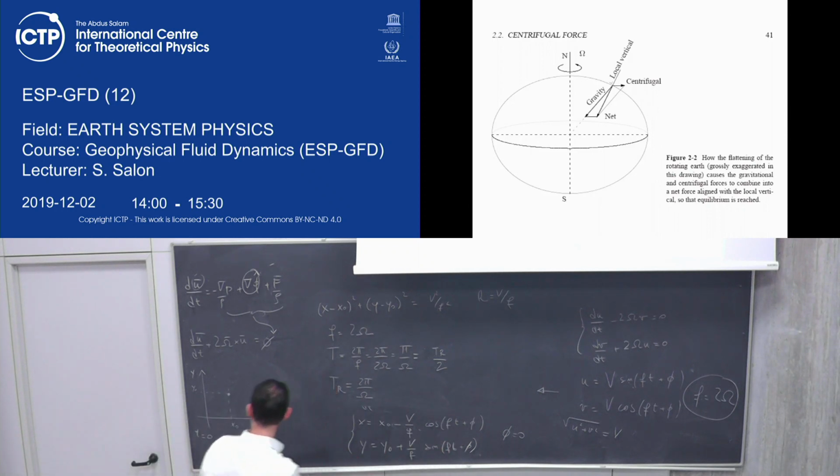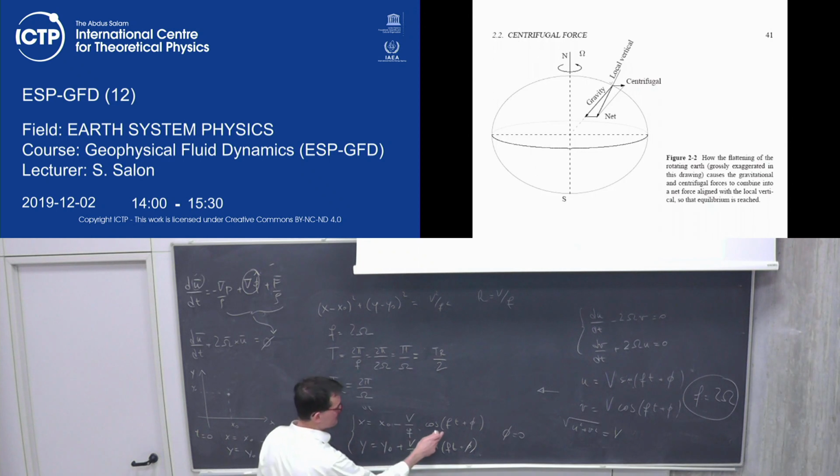If phi is equal to 0, at t equal to 0, cosine of 0 is 1, so we will have x0 minus V over f.